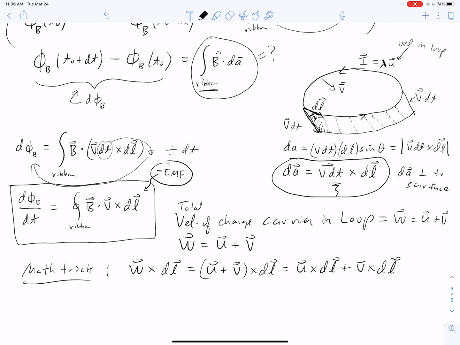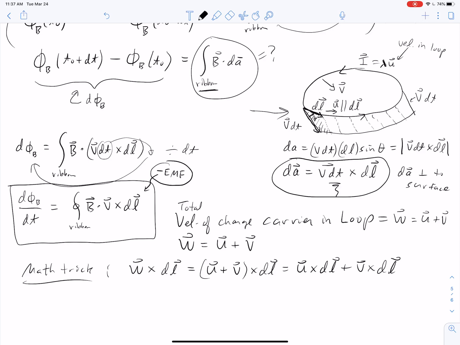Notice that u and dl are parallel. Let's go back to our drawing here. So u is parallel to dl, because the dl, back to this drawing up here, is moving along the loop. And so what I want you to see is that dl and u are parallel.